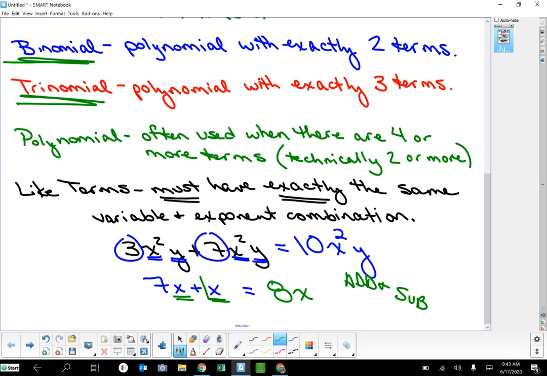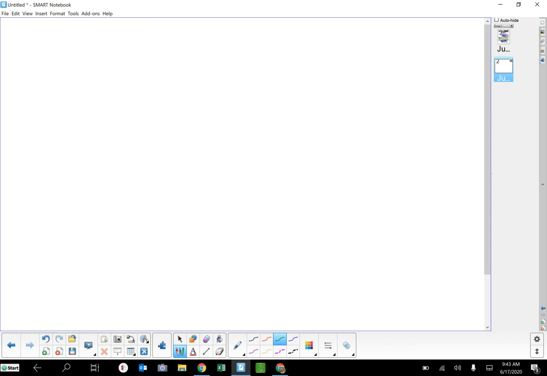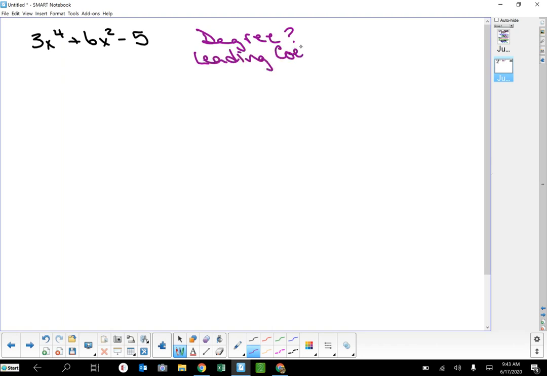All right, the first couple questions that you're going to see in Varsity give you an expression, 3x to the fourth plus 6x squared minus 5. And then it asks you three questions. It says, what is the degree? What is the leading coefficient? And what type of polynomial is it?